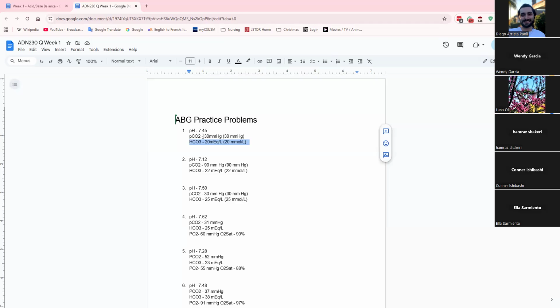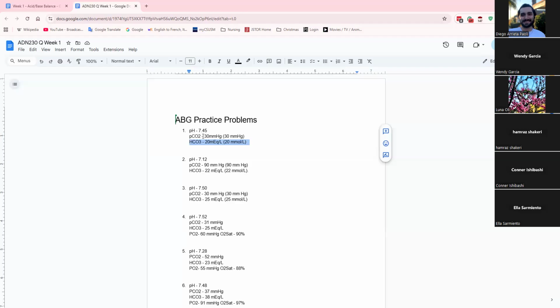Now, can anyone explain to me why we have respiratory alkalosis, but our pH is still within normal limits? Yes, we have compensation. So this would be respiratory alkalosis fully compensated. We do have a partial compensation and a full compensation. This is fully compensated as evidenced by the pH being within normal limits.